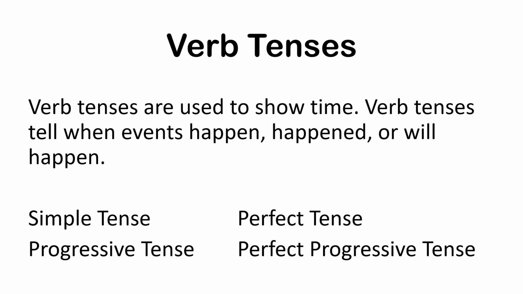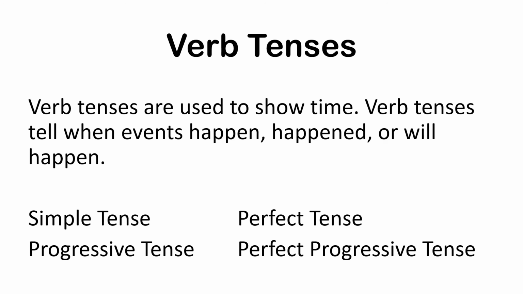Verb tenses. Verb tenses are used to show time. Verb tenses tell when events happen, happened, or will happen. Usually, dito nagkakaroon ng wrong grammar sa isang sentence. There are 4 verb tenses.